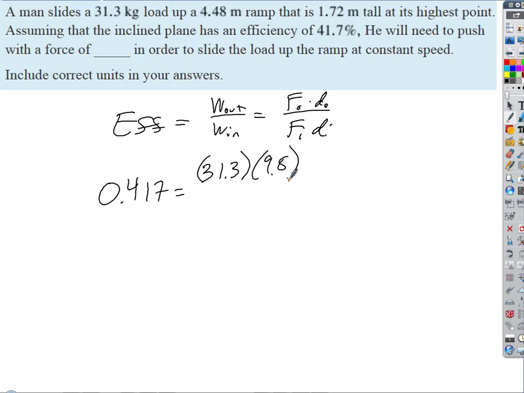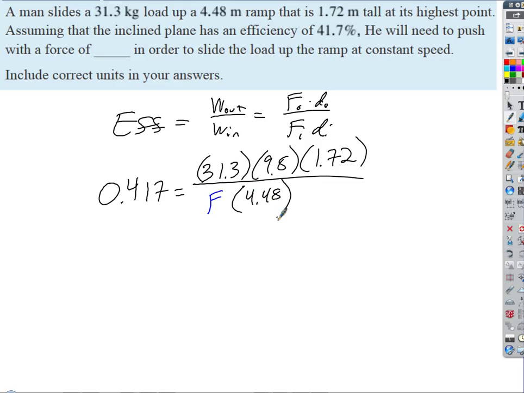What's the output distance? The output distance is 1.72. Good. Divided by the input force, which is our variable, the unknown, times the input distance, which is 4.48.